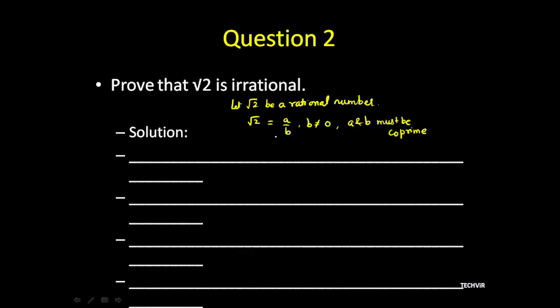So suppose root 2 is a rational number. Then squaring both sides, what you are going to get is 2 is equal to a square by b square, or we can write 2b square is equal to a square, or b square is equal to a square divided by 2.